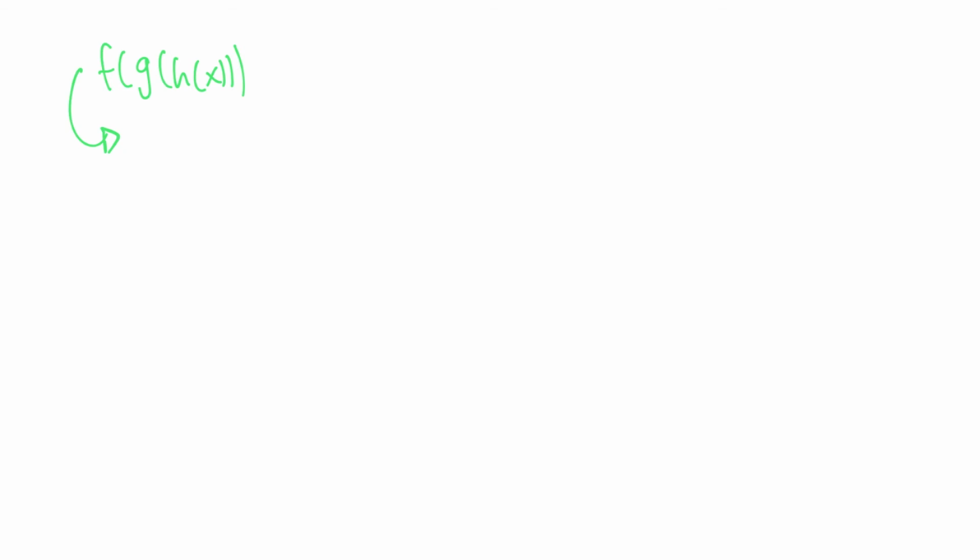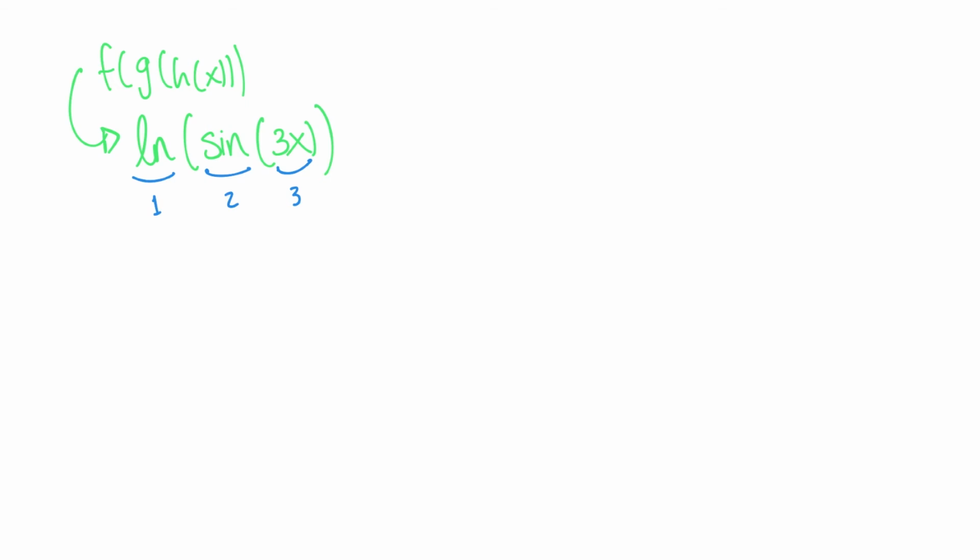So let's assume that I have, let's say I have the natural log of the sine of 3x. Okay, so then we can identify that there are three functions here. Okay, so we have natural log number 1, sine number 2, 3x number 3.